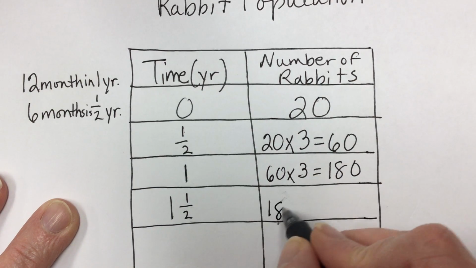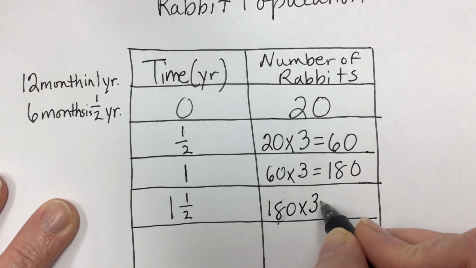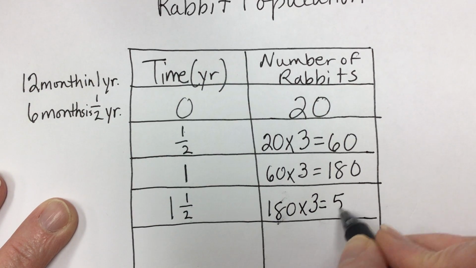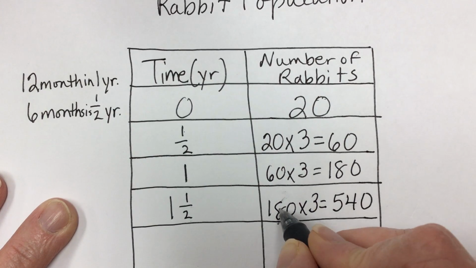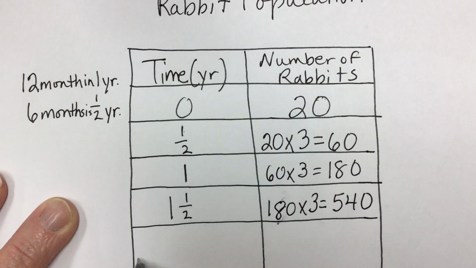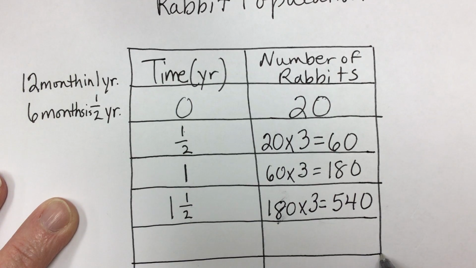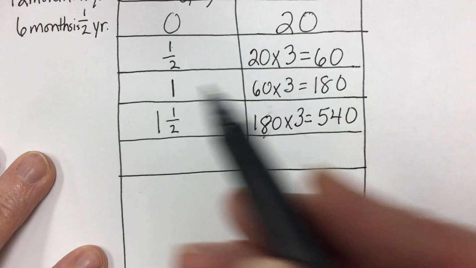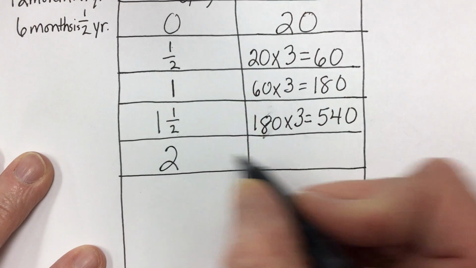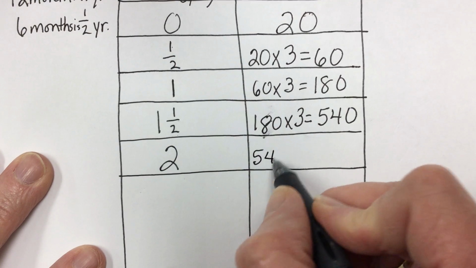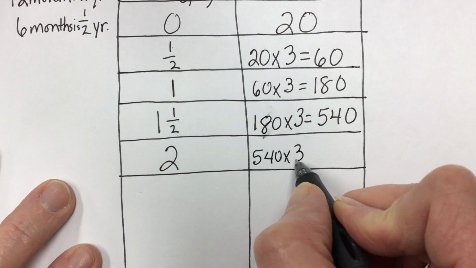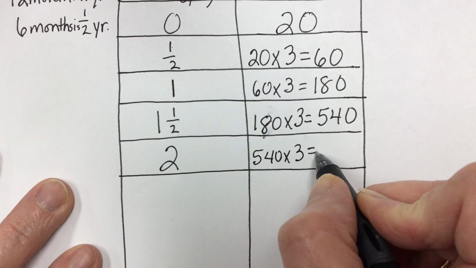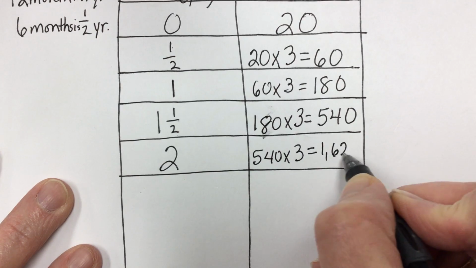That would be 180 times 3. Using your calculator, that's 540. Okay? So another half a year has passed. What's 1.5 plus another half? That gives me 2. So that would be 540 times 3 equals 1,620.